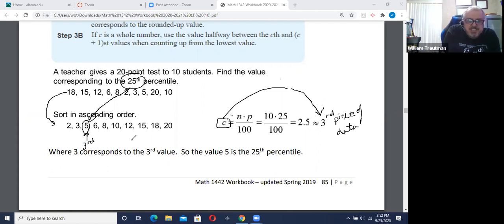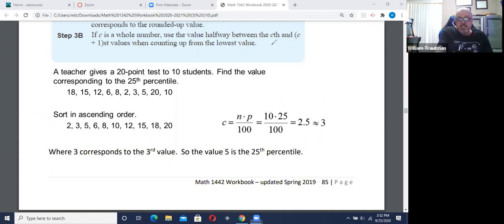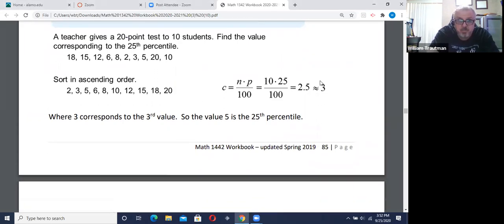The answer is 5. 5 is our 25th percentile. So if we had a decimal, you always round it up to the next whole number. Never round these down. For this problem, you always round up.